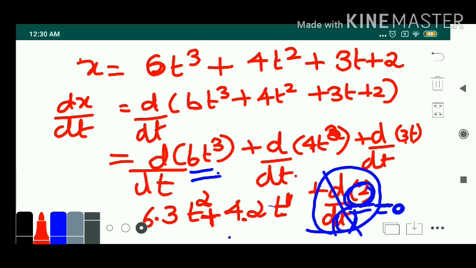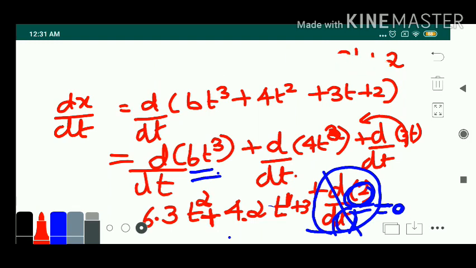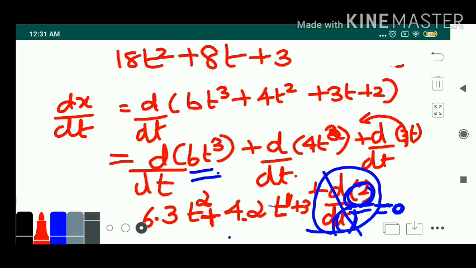Here 3 is brought outside, dt by dt is 1, so there is just 3. Right? So the end result will have what value? Tell me. It is 18t squared plus 8t plus 3. That is your final answer.